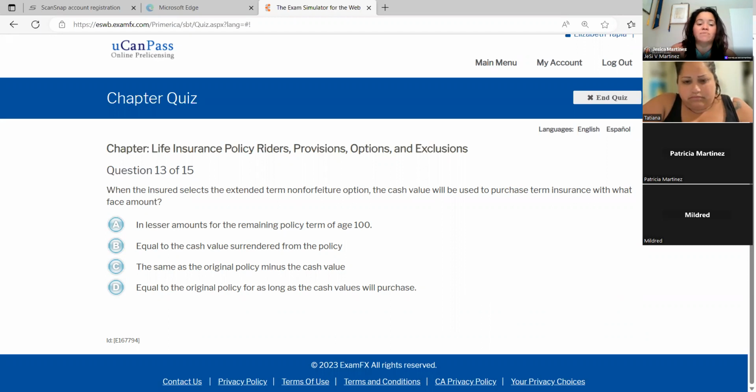C, the same as the original policy minus the cash value. D, equal to the original policy for as long as the cash value will purchase.